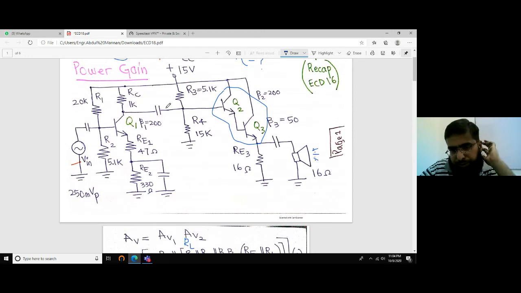Of course, that is the input resistance of the second amplifier. And what's that? R3 in parallel with R4, because for AC this is grounded, and beta times the resistance that we see here, RE3 in parallel with RL. This 16 ohm is RL, the load resistor. So RE3 in parallel with RL times beta 3 times beta 2 is the resistance that is available here.